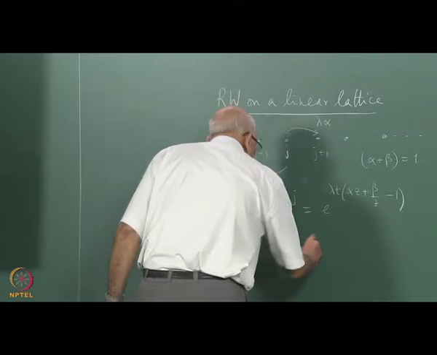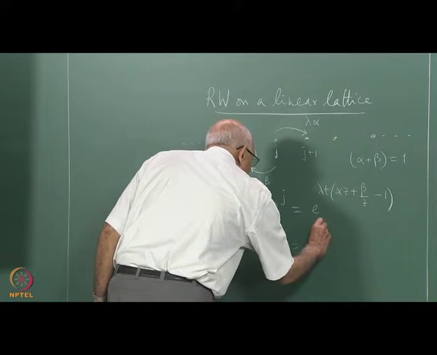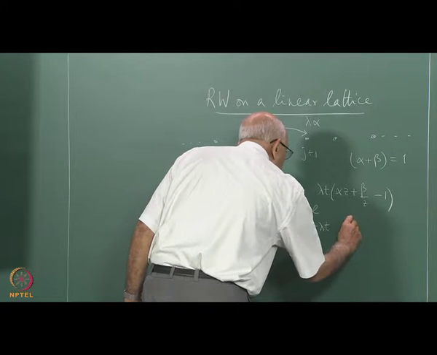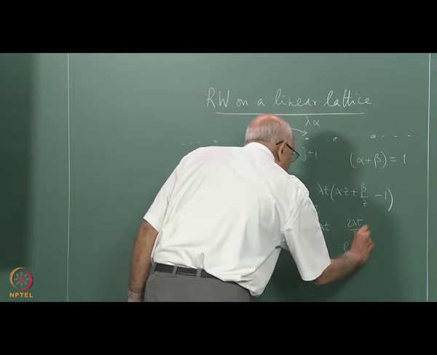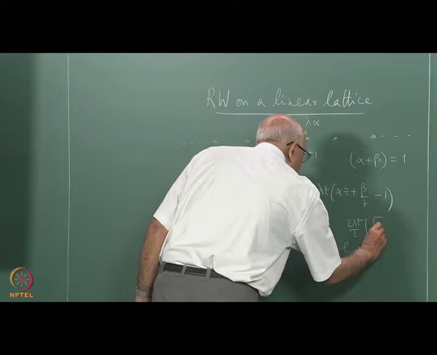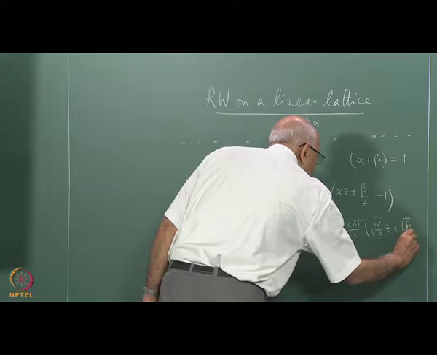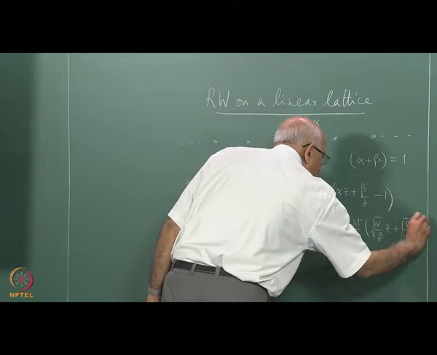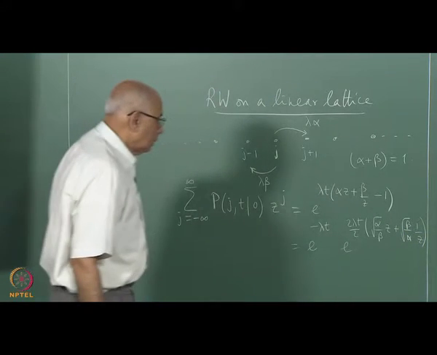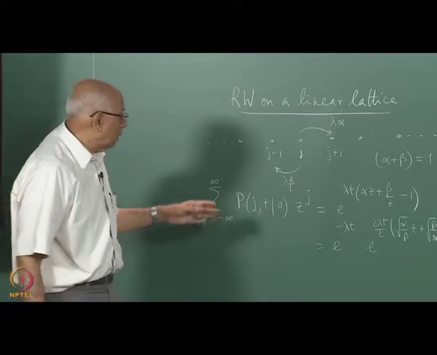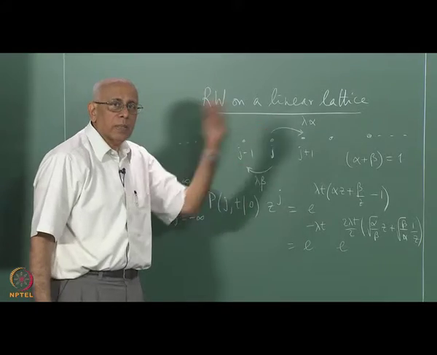And just to recall to your mind what happened, this was e to the minus lambda t, and then we could write the rest as e to the 2 lambda t over 2 times square root of alpha over beta times z plus square root of beta over alpha times 1 over z. And that helped us immediately identify P of j comma t as a certain Bessel function.